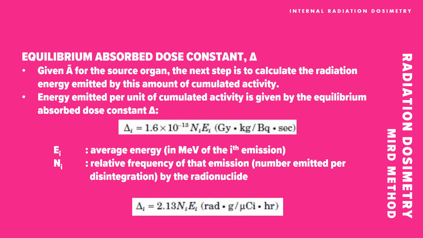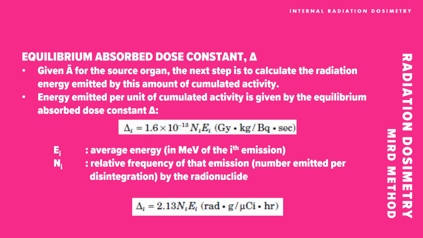The equilibrium absorbed dose constant, delta i, equals 1.6 times 10 to the minus 13 times n_i E_i, with unit gray kilogram per becquerel second. E_i is the average energy in mega electron volt of the ith emission, and n_i is the relative frequency of that emission by the radionuclide.